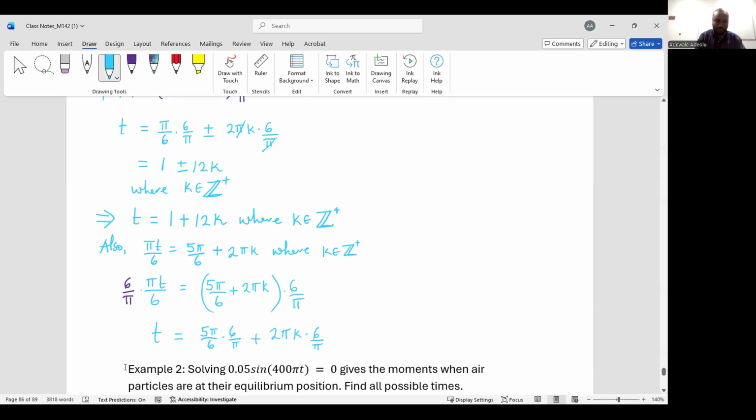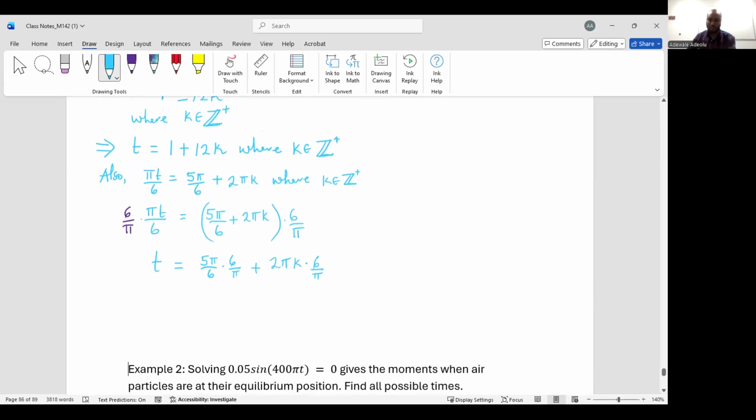And we have that t equals, so pi will take care of pi, 6 will take care of 6, so we have 5 plus, what's that? Pi will take care of pi, so that is plus 12k.